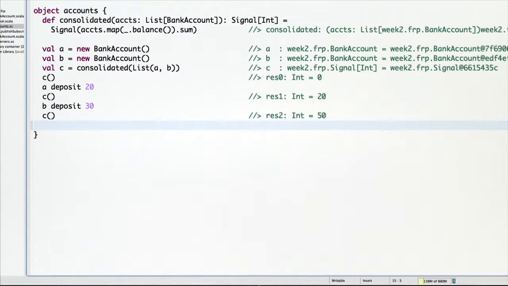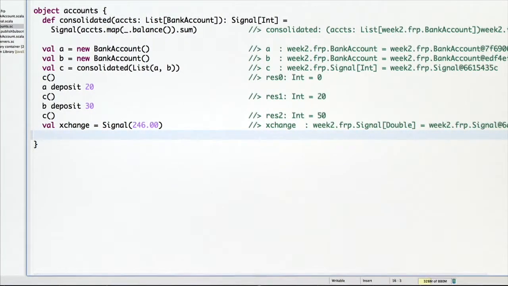Let's go a little bit further and say we want to have another signal which defines an exchange rate. Let's say the exchange rate is first 246, let's say, dollars for bitcoins.